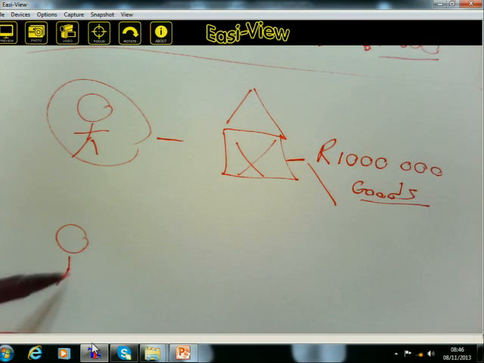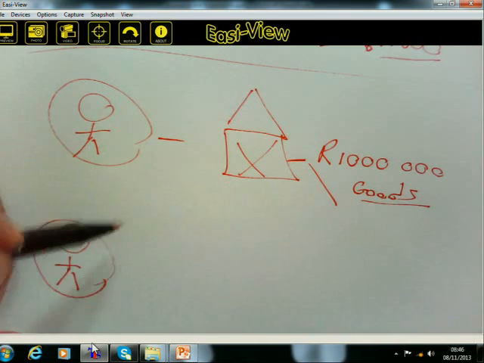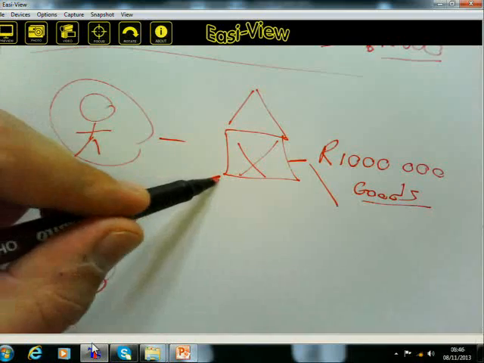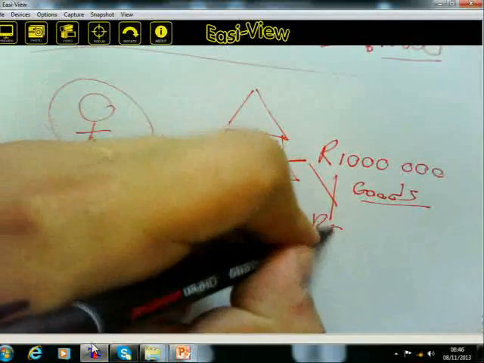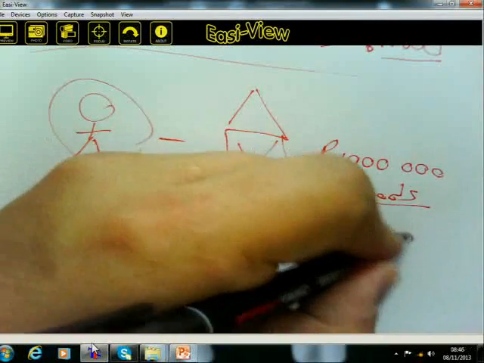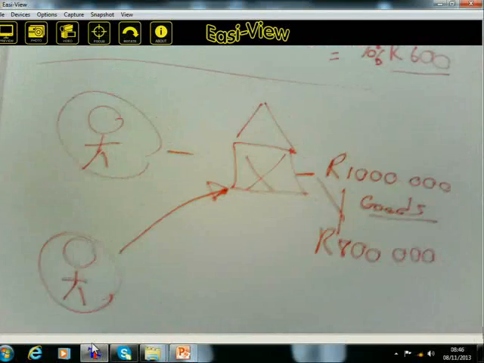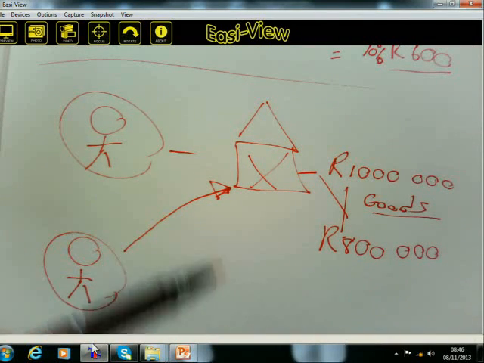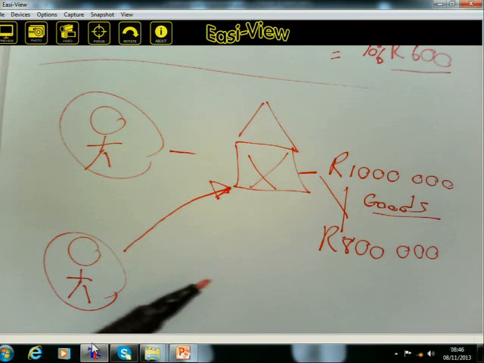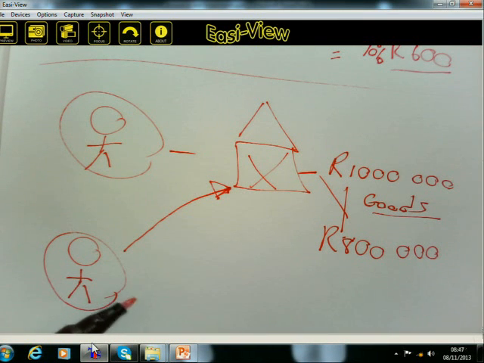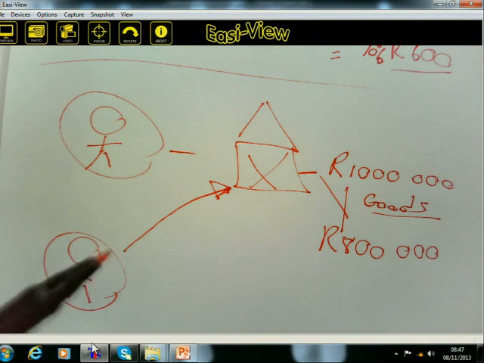You decide, okay, I'm only going to insure this building for 800,000 Rand, because I think my goods are only really worth 800,000 Rand, and I don't think that everything is going to burn down at once, and I don't want to pay as big of a premium.